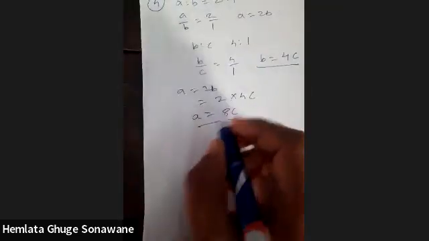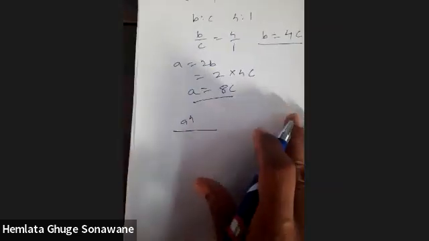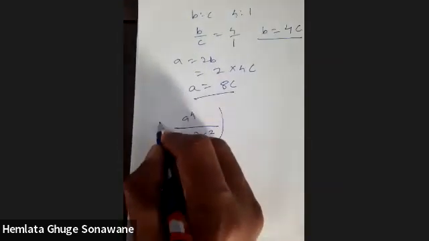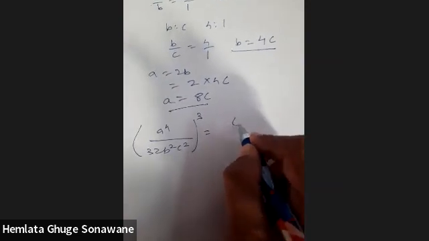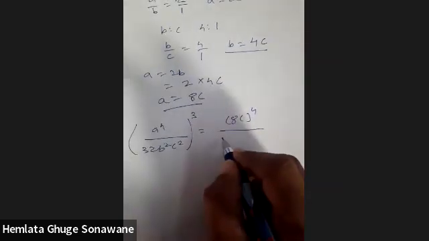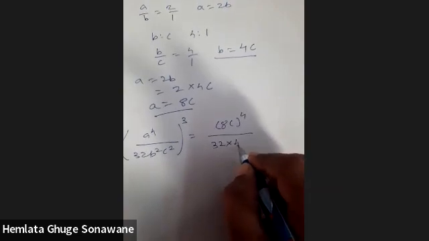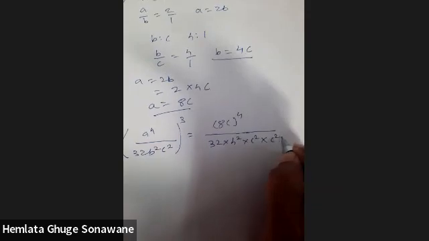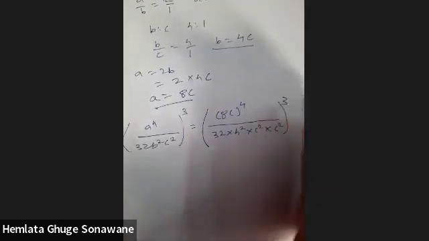What is given? A raised to 4 upon 32 B square C square, whole bracket cube. We'll put this value. The value of A is 8C raised to 4 upon 32 into B square, that is 4C square, 4 square and C square into C square as it is, the whole cube.